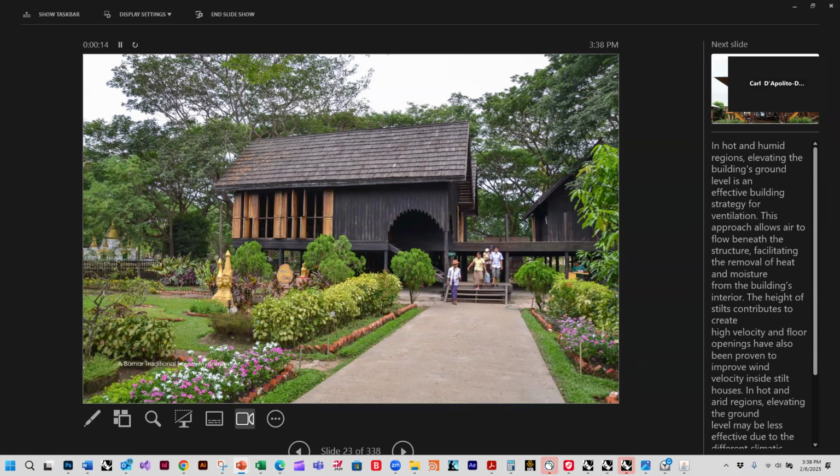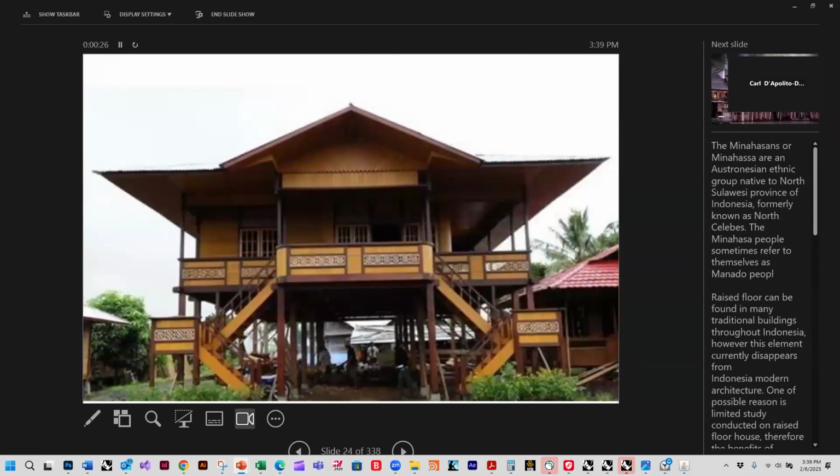The vernacular housing is lifted on stilts so that the wind can go underneath. You can store things underneath when it's cool, and there can be holes in the floor, and that will ventilate the air. And so are these. These are the Minahasa houses, also in Indonesia, and they work on the same principle.